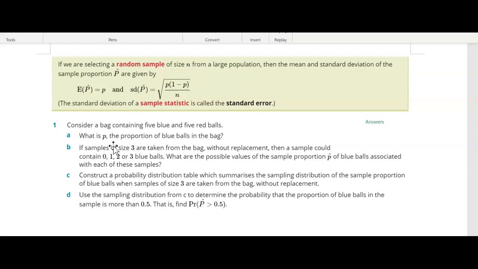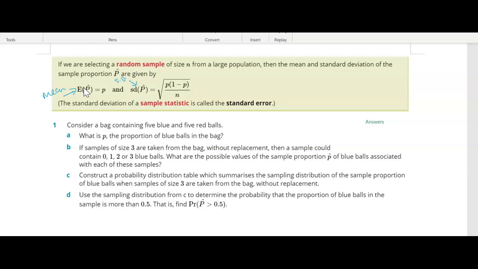Okay, so what we have here is your mean. Let me just get my pen. All right, so remember this is your mean. So in the past we've used the expected value of x. This is the expected value of your sample proportion, and this is your standard deviation.